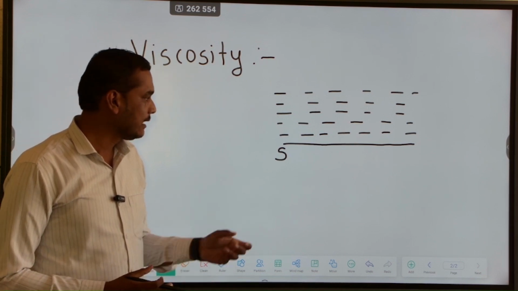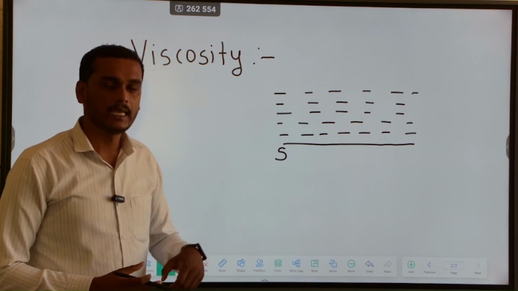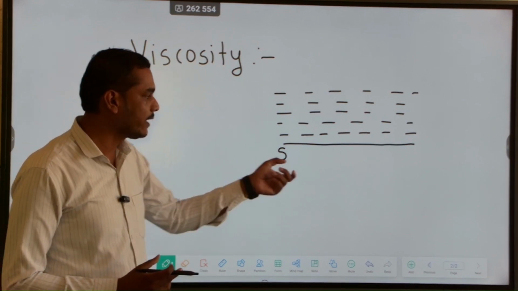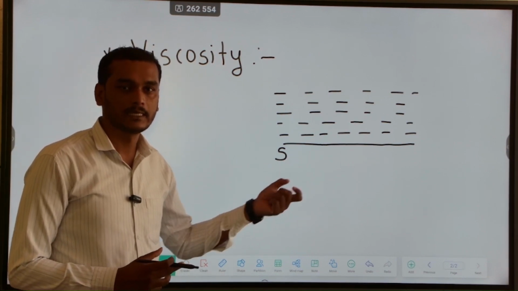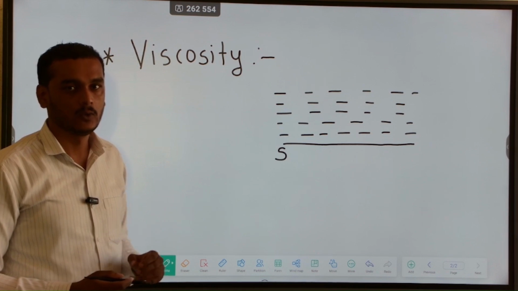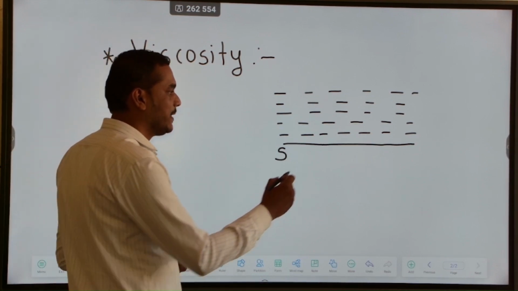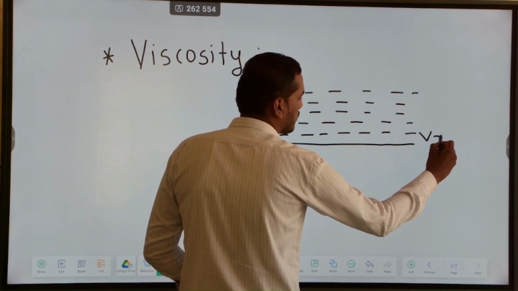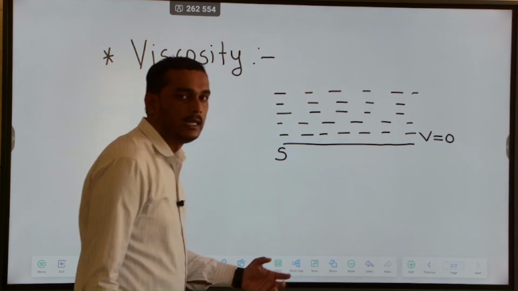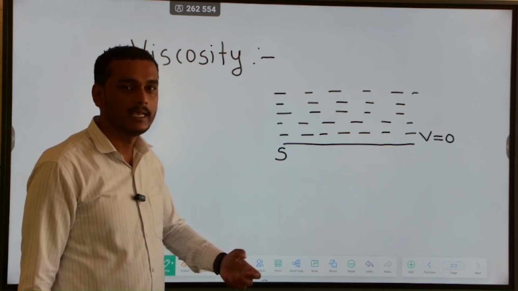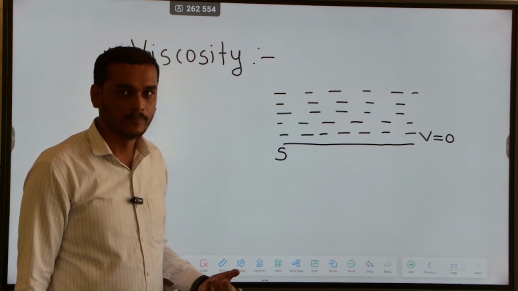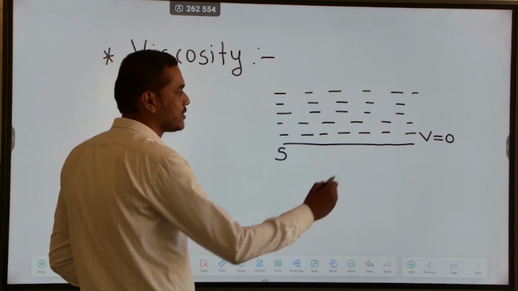Then consider the layer at the bottom, in contact with the plane surface S, has velocity 0, that is, it is stable in state. The layer above this layer has a little bit extra velocity, let it be denoted by velocity v1.